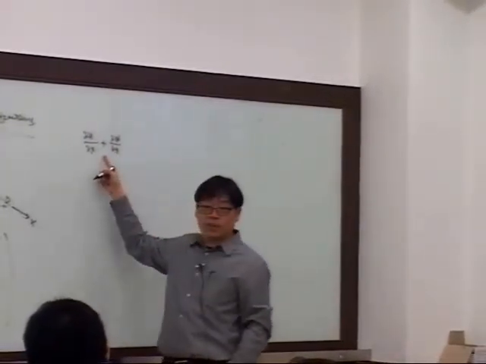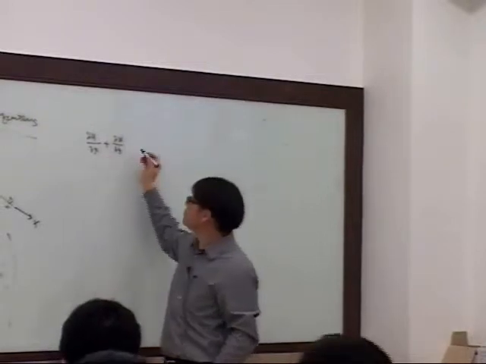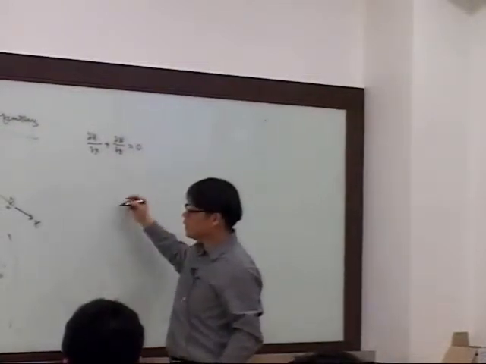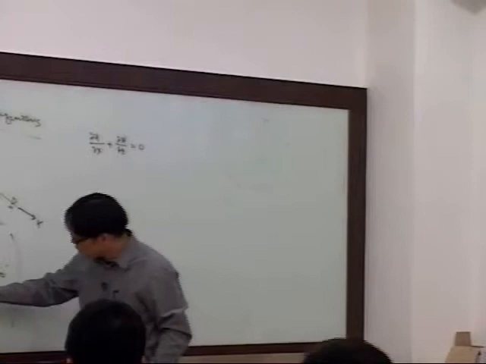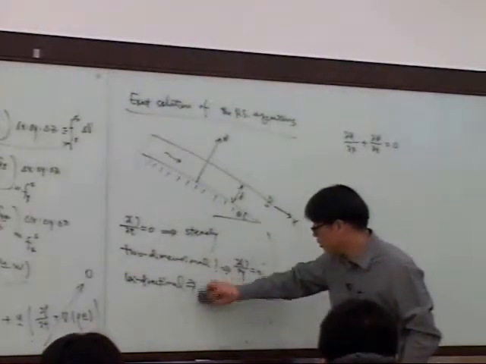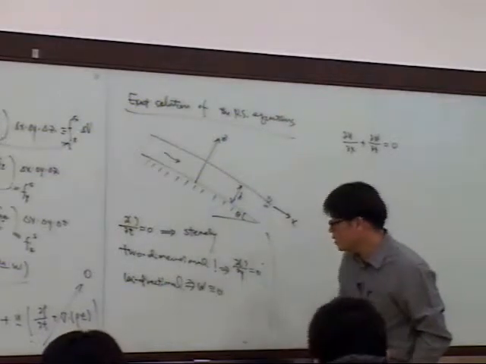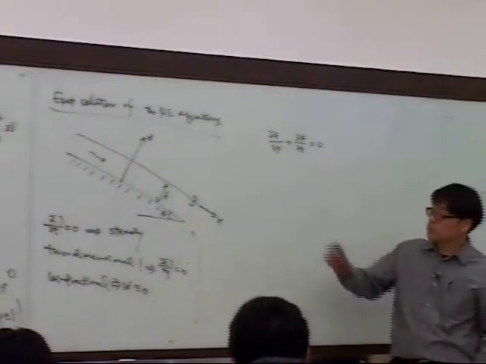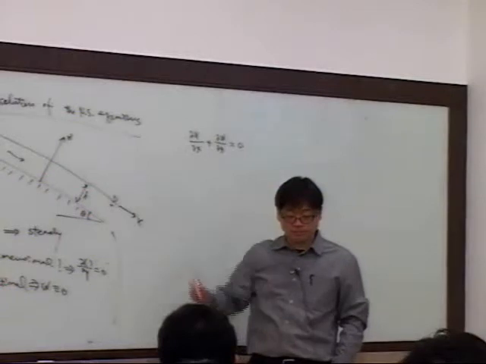With this, my continuity equation is du dx plus dw dz. I didn't write dv dy, right? Because v is 0. Sorry, this has to be w. So there is no vertical velocity.